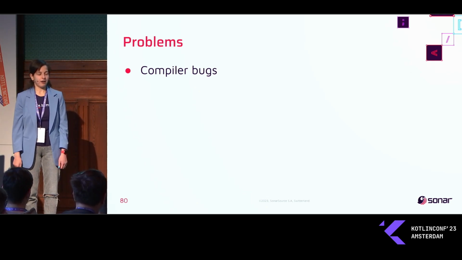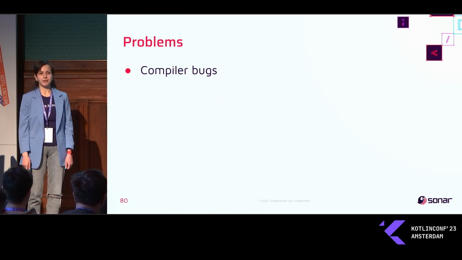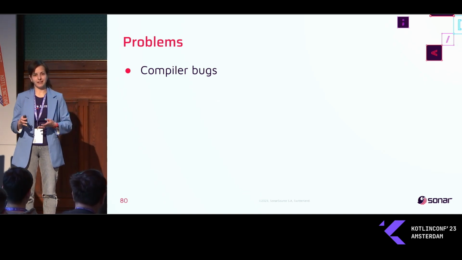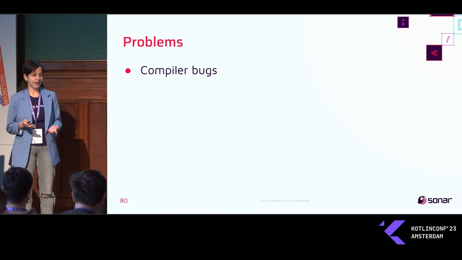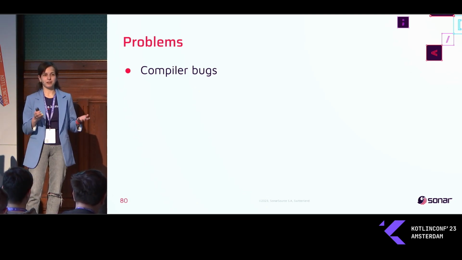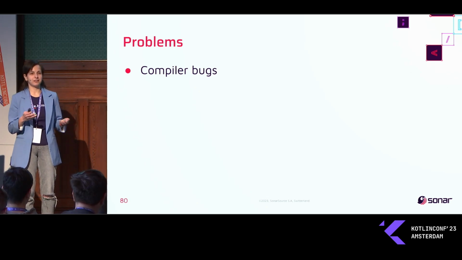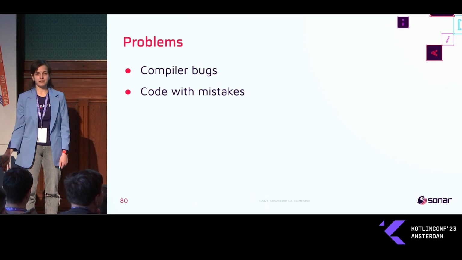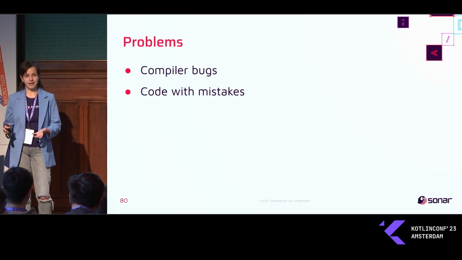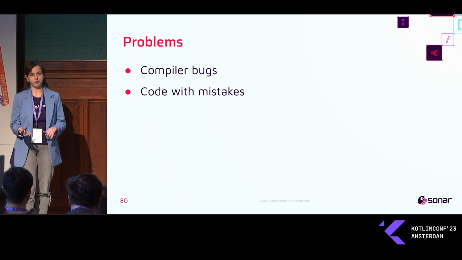So first of all, there are compiler bugs, because now we are trying to compile and generate a semantic model for all the comments that you have in your source code. And we stepped into a few compiler bugs because we are compiling things that should not be compiled. Then, code could have mistakes, and code with mistakes could still be code, and we should report an issue.